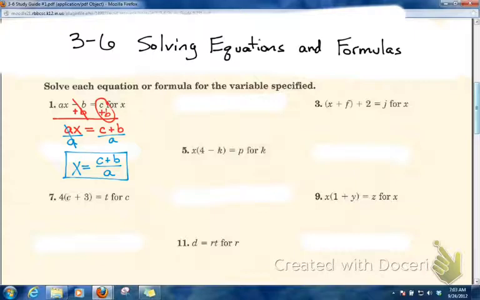All right, looking at example number 3 then. Again, we're going to solve for x. So I'm going to look and I'm going to say, okay, first thing that's happening to x is inside the parentheses here. It's being added by f. And then the next thing outside the parentheses is being added by 2. So I need to undo those in the opposite order. So the first thing I will do is to subtract 2.